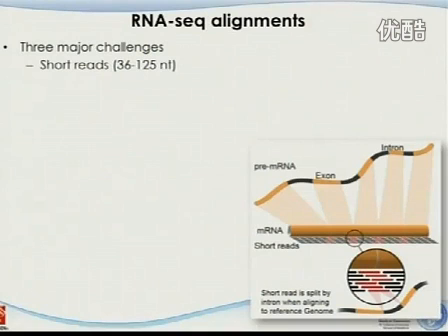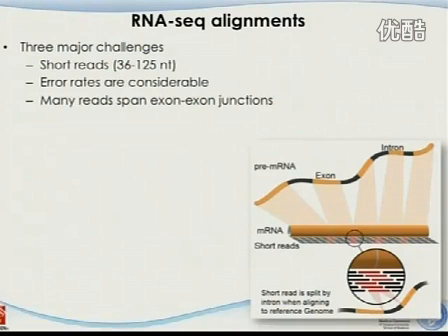So these are in terms of alignment on the DNA end. For RNA sequencing alignment, there are 3 major challenges. The first one is short reads, okay? We have only 36 to 225 nucleotides per read, and you cannot really use BLAT or things like that to do this type of alignment. The error rates are considerable, and the major difficulty is that many reads span exon-exon junctions.